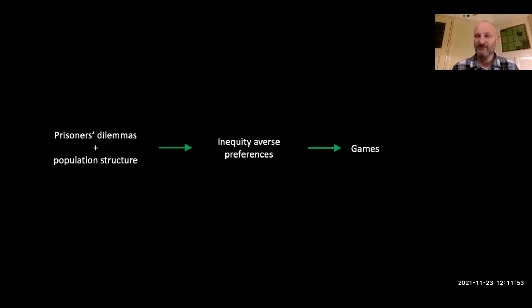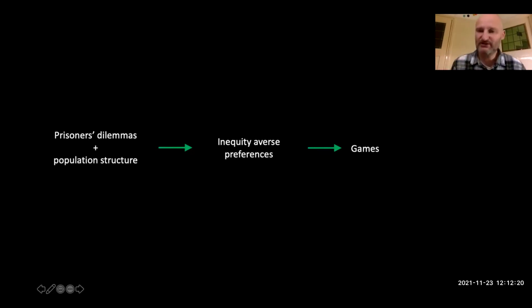So there's a famous experiment by Sally Blount, I think you pronounce it, where the proposal is generated by a computer, and then people reject way less. And if inequity-averse preferences explain the behavior, that shouldn't happen. So that path between theory and behavior has two problems.